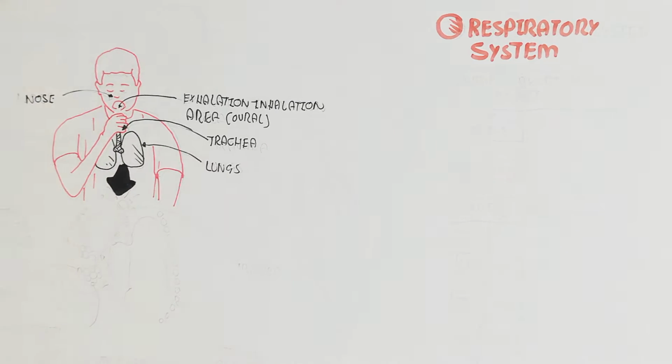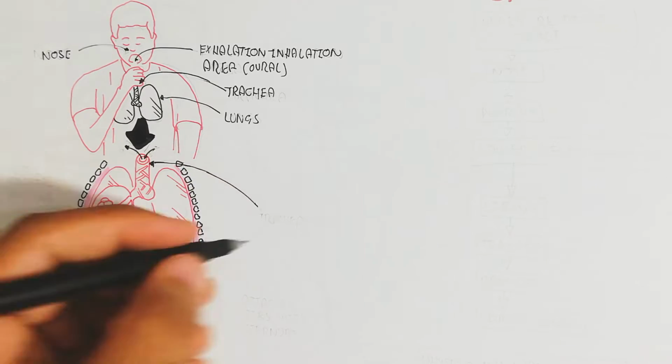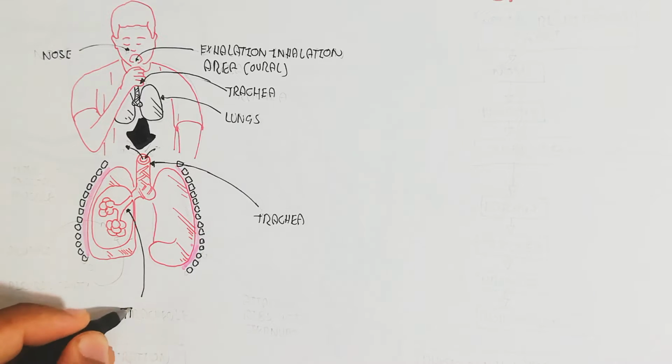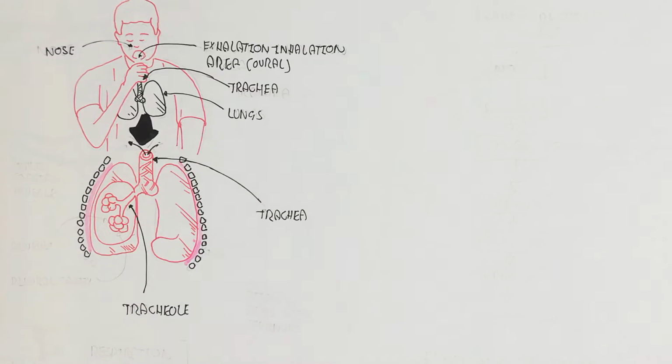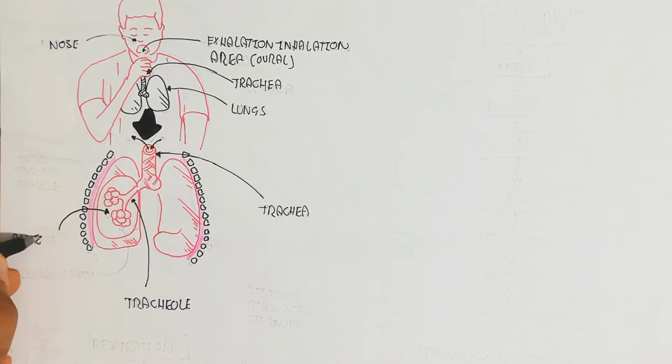This is basically the lungs, which we can understand here. The trachea is used for breathing in and breathing out, and it ultimately divides into many tracheoles. These tracheoles divide into the two lungs, left and right, and attach to the alveoli.